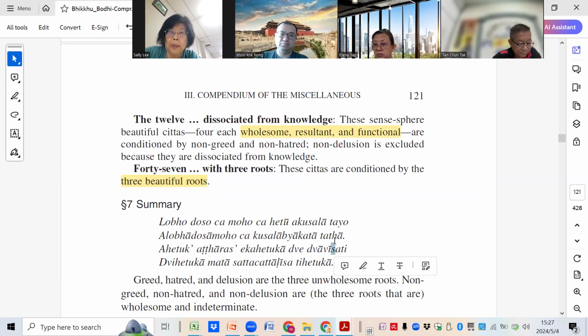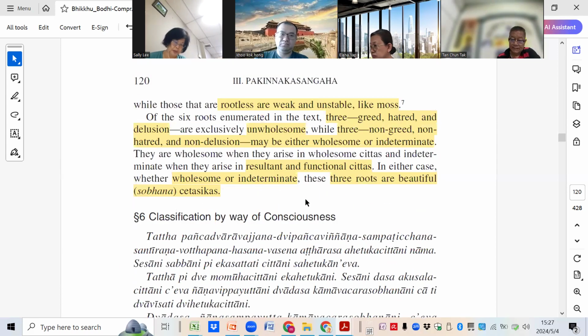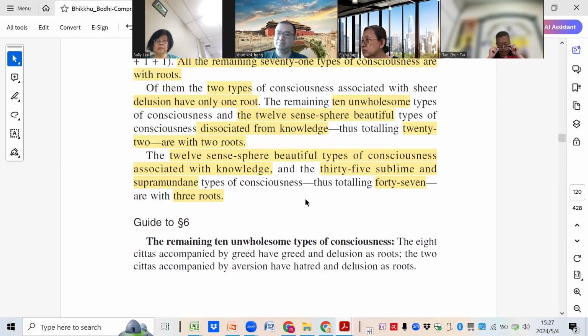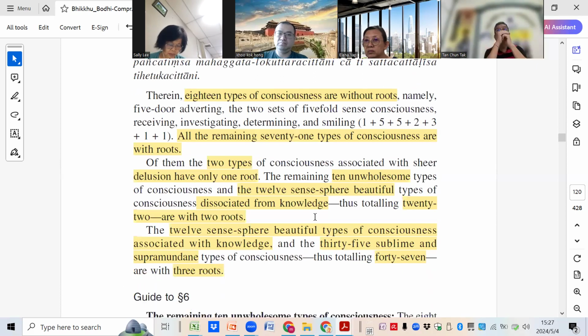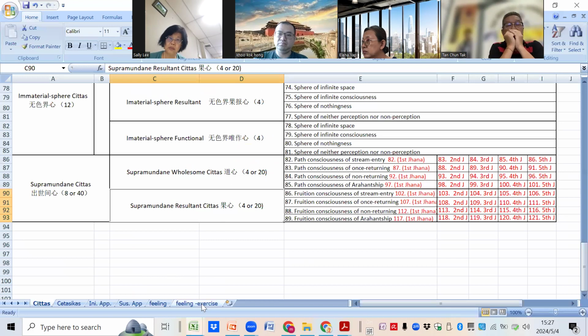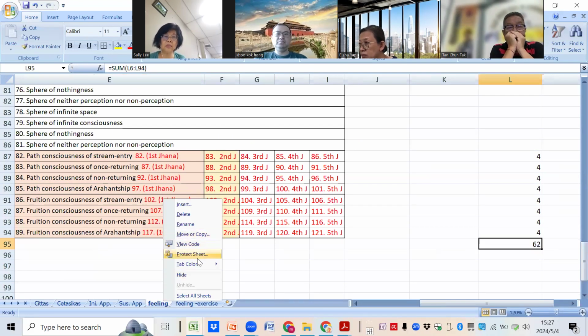Okay, so we'll try again to do some calculation for this chapter 3, whether rooted or unrooted. So again, we go back to our diagram. Let's see, so this is homework 1, the filling. Select all, copy.